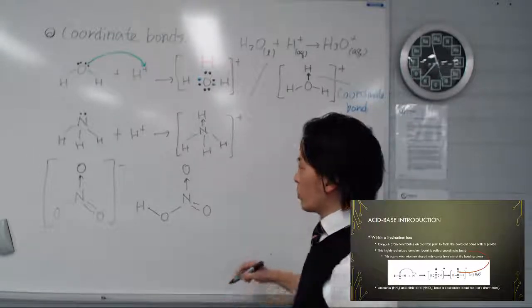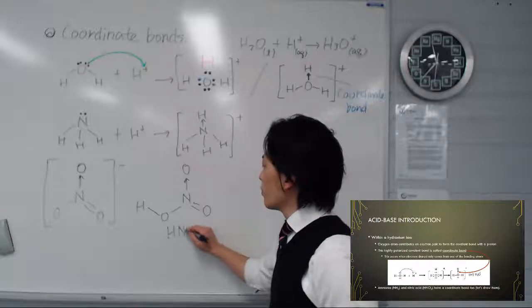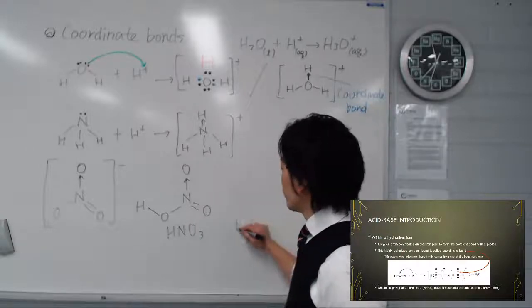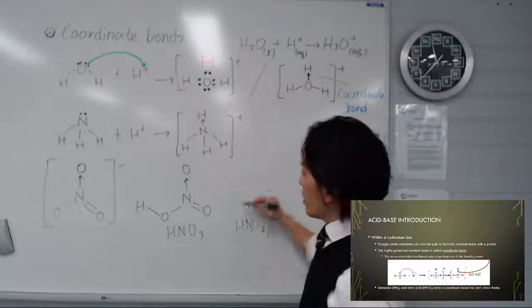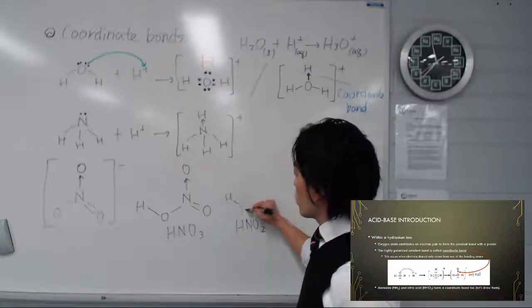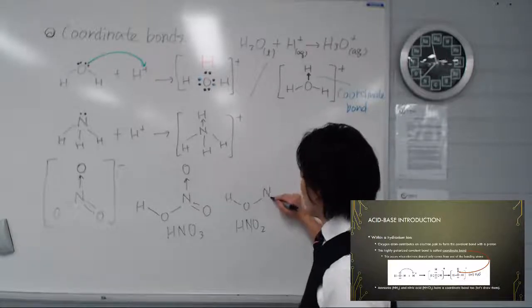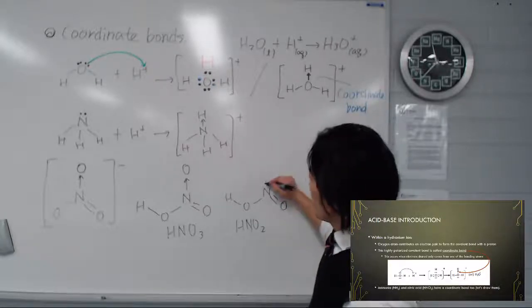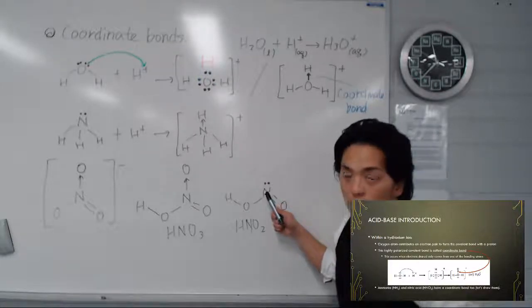If it was HNO2 instead, this is HNO3. So nitrous acid instead, you would be looking at H, O, N, double bond to oxygen, and a non-bonding pair of electrons still sitting there.